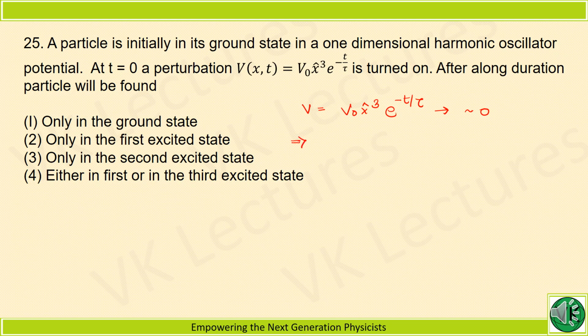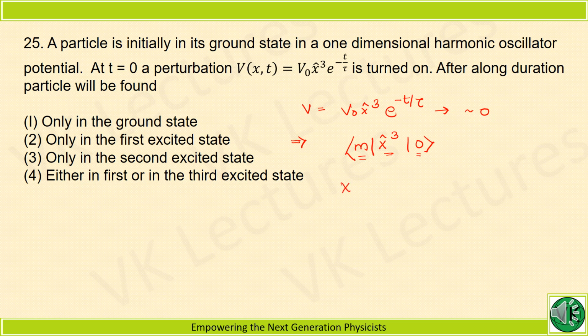Now, the particle is initially in the ground state, so x cubed is going to act on the ground state, and over it we will get some other state. That means after x cubed acts on the ground state, we will come to the mth state.